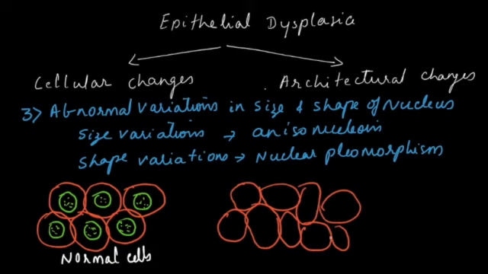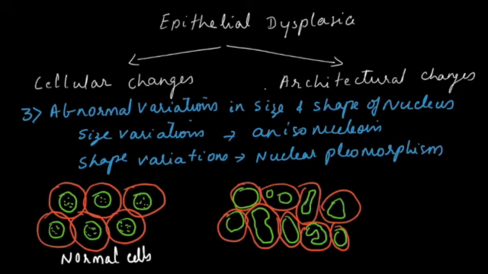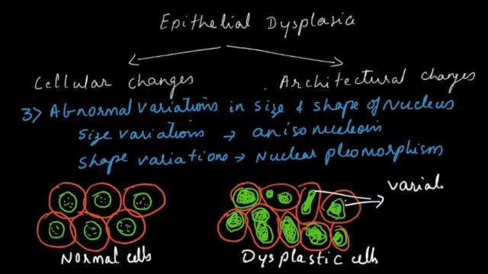Here is a group of cells of non-uniform shapes and sizes, and these are the dysplastic cells. Here you can see that these show variations in size and shape of the nucleus. This is anisonucleosis and nuclear pleomorphism respectively.